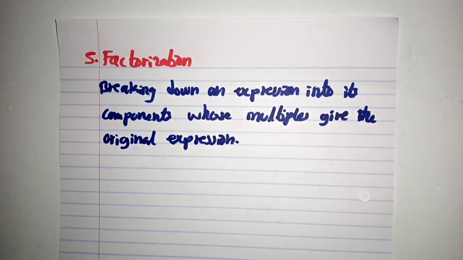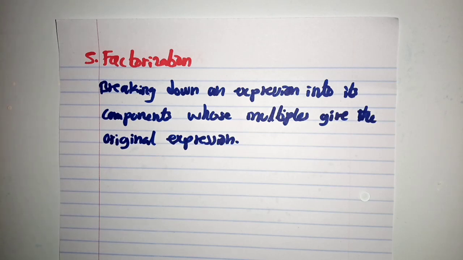So after breaking down a given expression, you are supposed to ensure that the multiples of those components that you have obtained give the original expression, failure to which you need to check your answer.